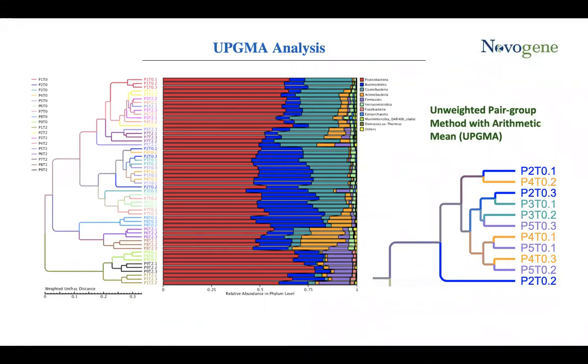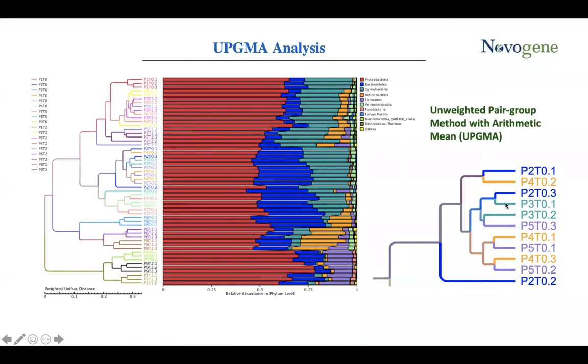Also, to study the similarity among different samples, we can use a clustering analysis to construct a cluster tree. The unweighted pair group method with arithmetic mean, which is the UPGMA, is a hierarchical clustering method that is widely used in ecology for the classification of samples. And the basic idea of UPGMA is, first, samples with the closest distance are clustered together to form a new node as a new sample, and its branching point is at half the distance from the original two samples.